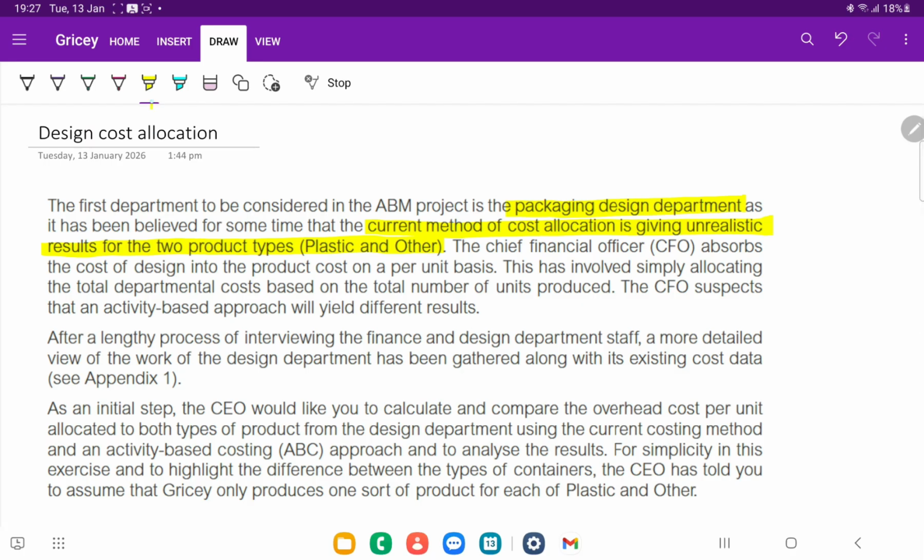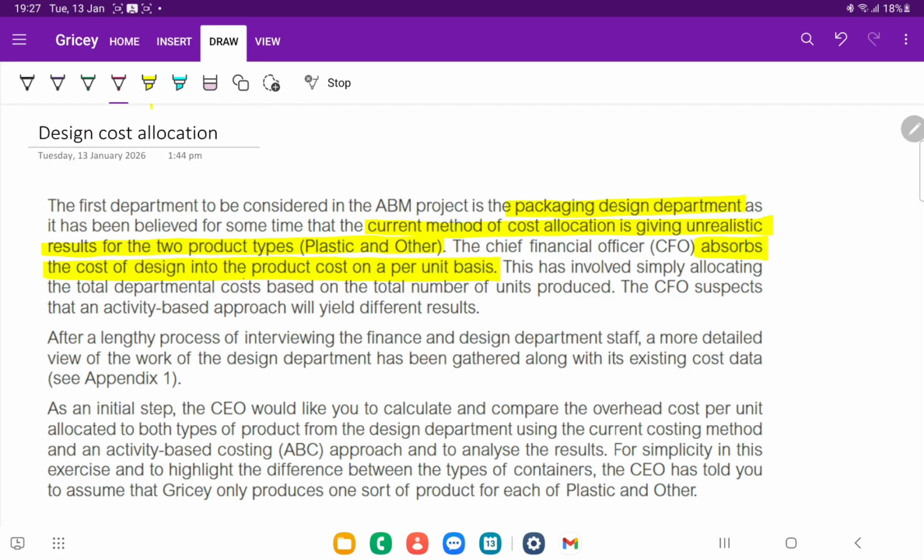So the management believes that they need improvement in cost allocation. The CFO absorbs the cost of design into the product cost on a per unit basis.